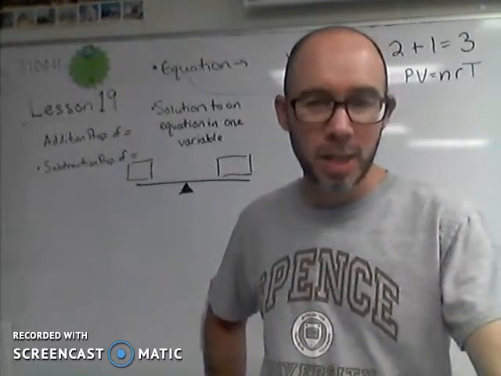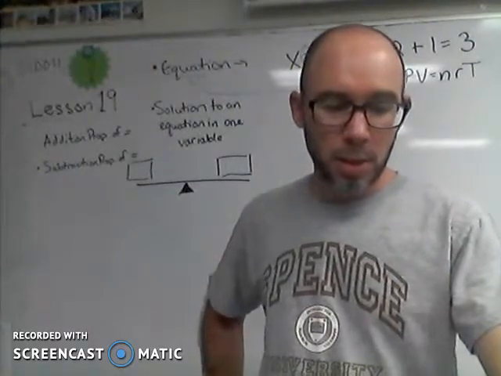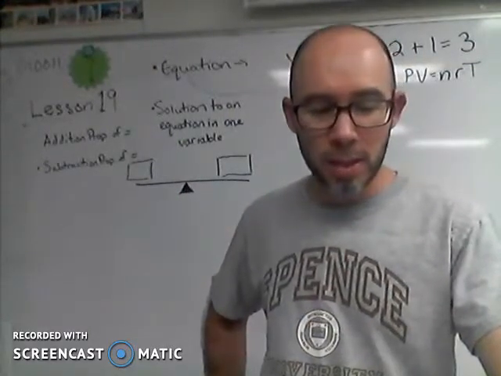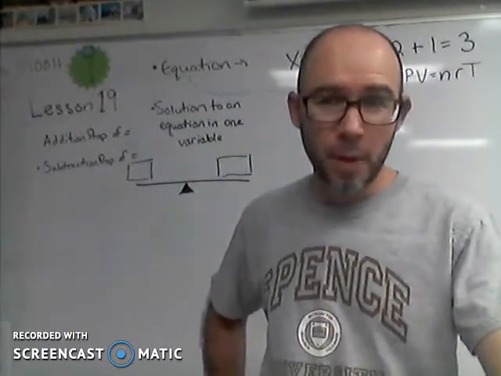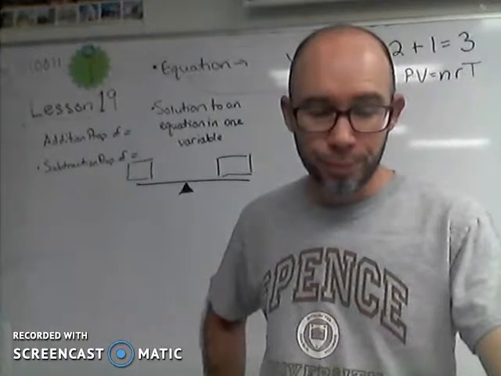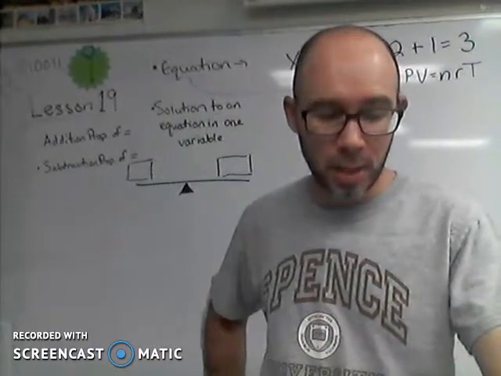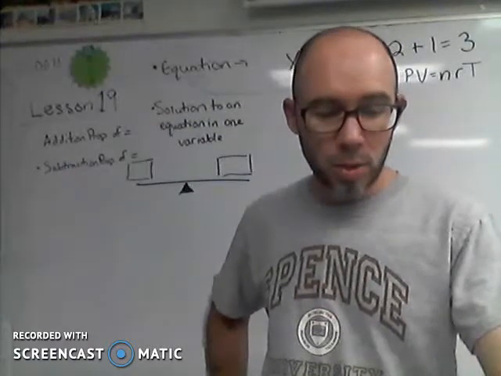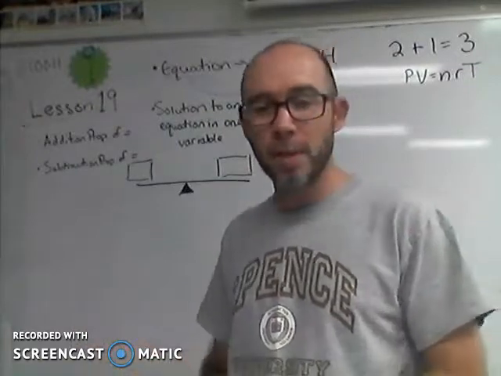An equation is a statement that uses an equal sign to show that two quantities are equal or are the same or have the same value. Okay? A statement that uses an equal sign to show that two quantities are equal or the same or have the same value.